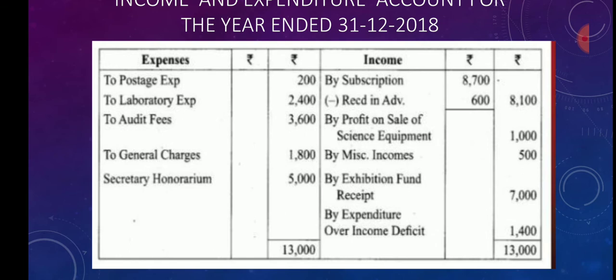In this problem, the balancing figure will be shown on the credit side. The expenses side is 13,000 and the income side is 11,600. So 13,000 minus 11,600, we get rupees 1,400.